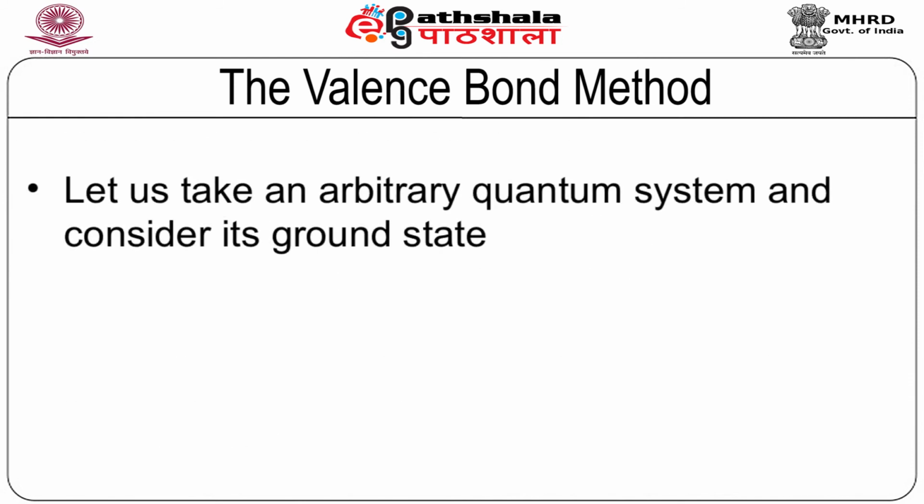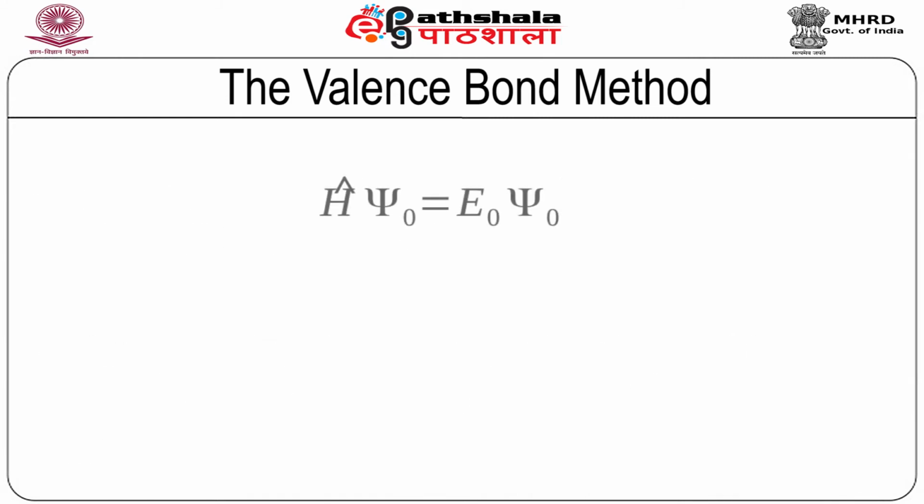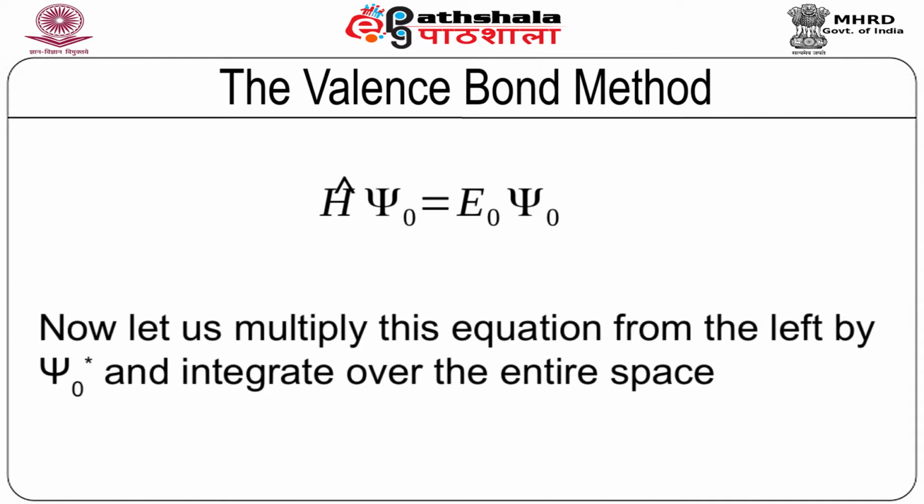Let us take an arbitrary quantum system and consider its ground state. The ground state wave function psi0 and the ground state energy E0 obey the Schrödinger equation given by H psi0 equals E0 psi0. Now let us multiply this equation from the left by psi0 star and integrate over the entire space.